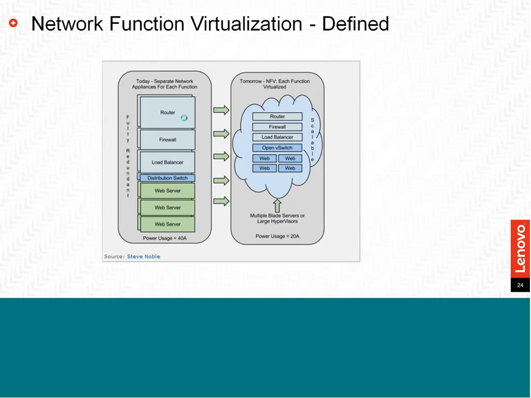So today, over on the left-hand side, you usually have some kind of an appliance that's a firewall, and it's probably a pair of them, so you have some high availability. And you might have an appliance for load balancing. Usually they're internet-based, so as I type IBM.com or Lenovo.com, that request gets to a load balancer in Lenovo's data center, and then gets balanced across any number of servers that can reply to that request.